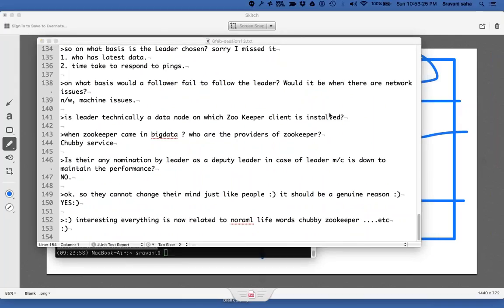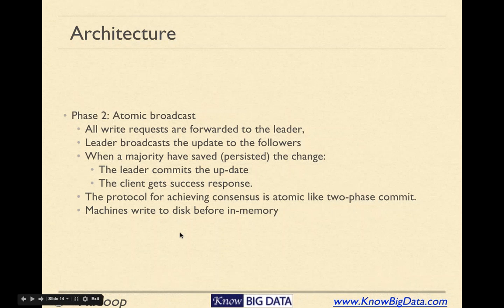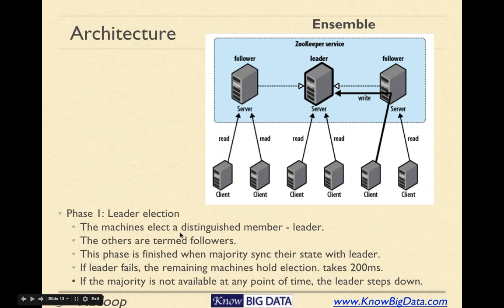All right. Good. Now back to the architecture. There was an ensemble, as in a bunch of machines. We started the Zookeeper server on every machine. The Zookeeper service is nothing but a process listening on a port and talking to other machines.